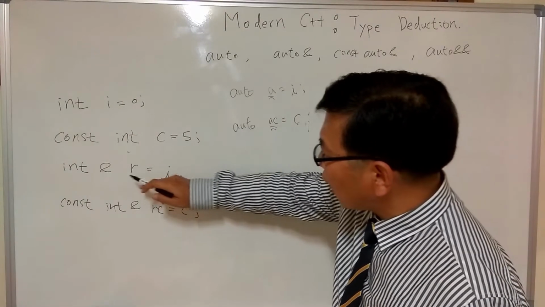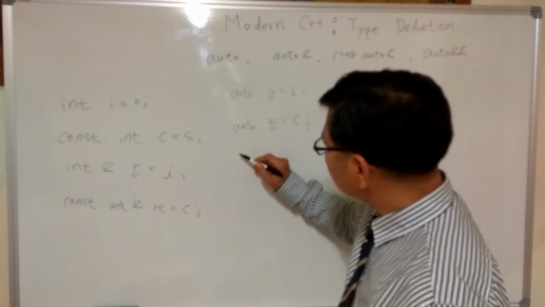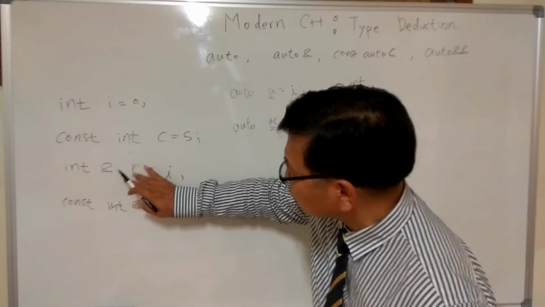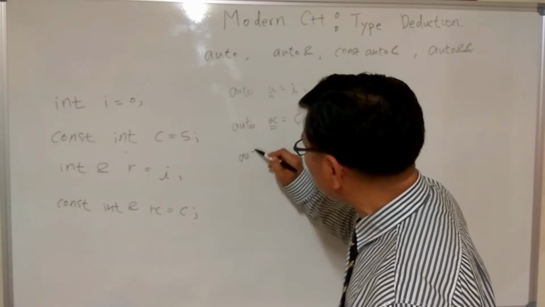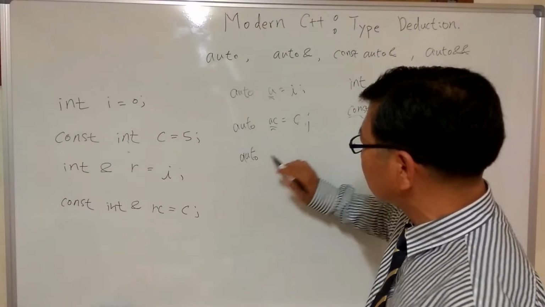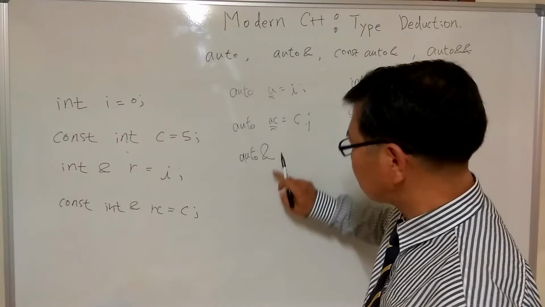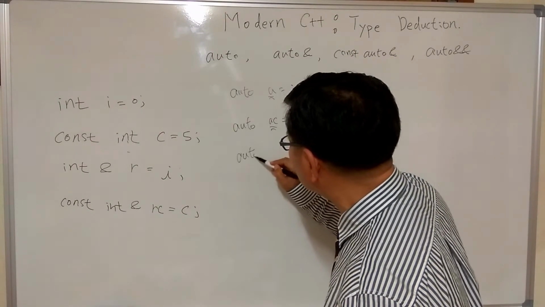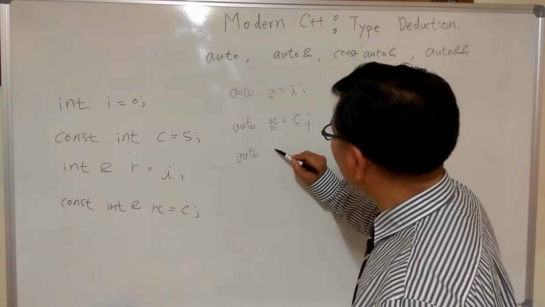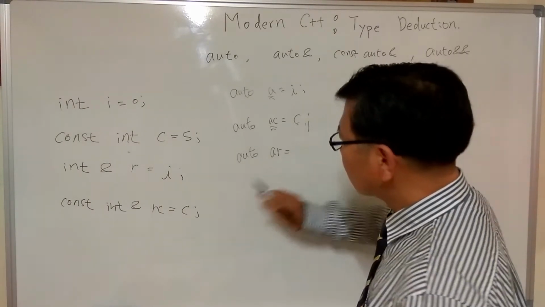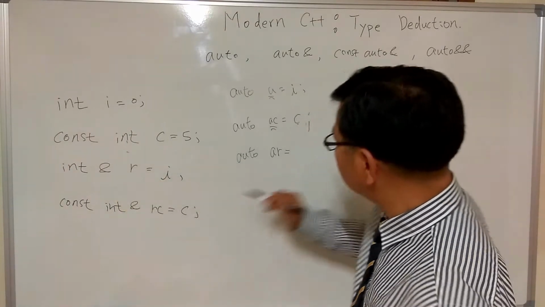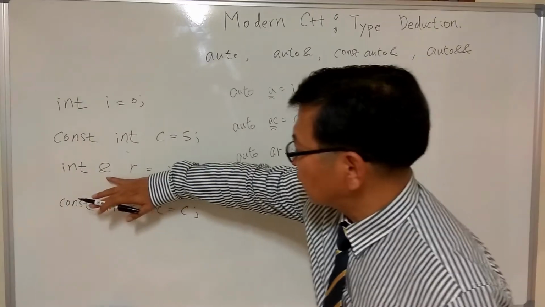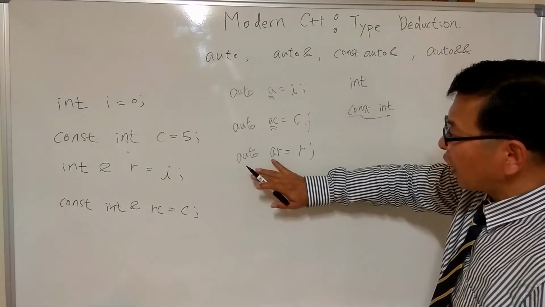And in this case, what will be R's type? R's type is a reference, so let me declare auto AR, which we initialize with R. R is a reference, so what will be AR's type?